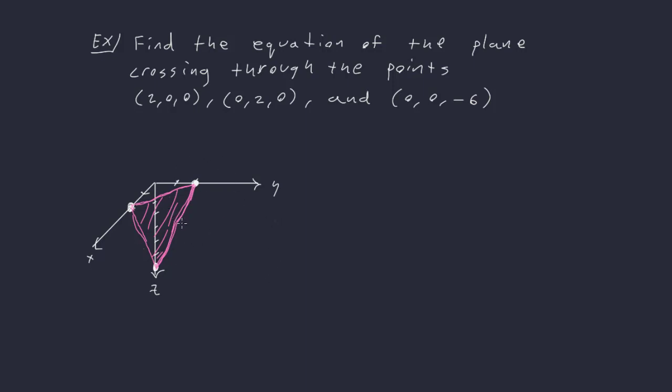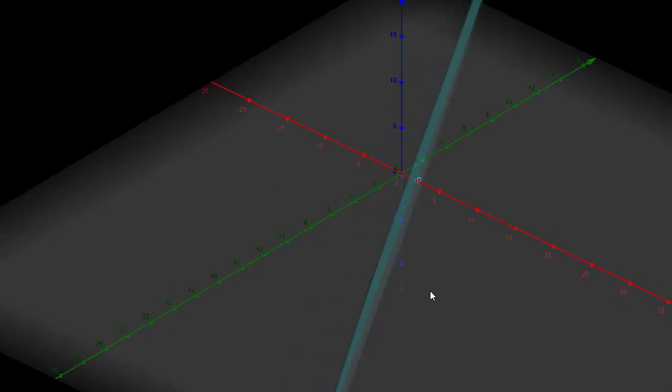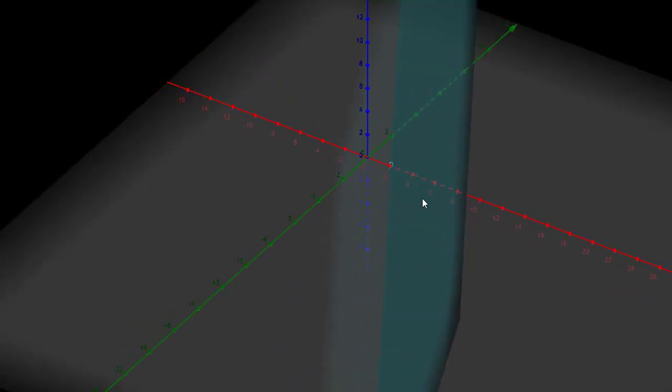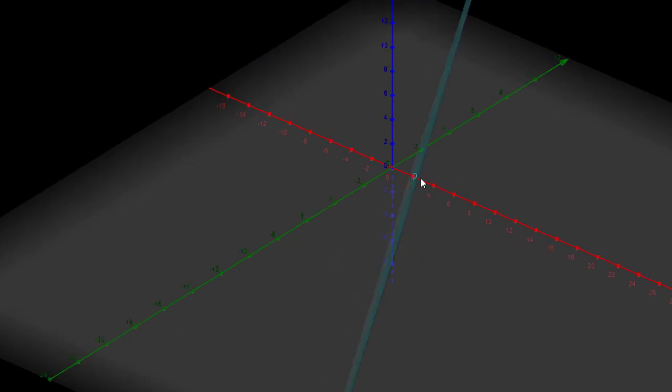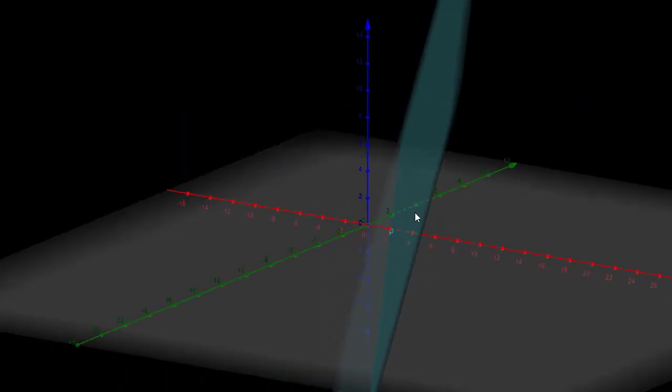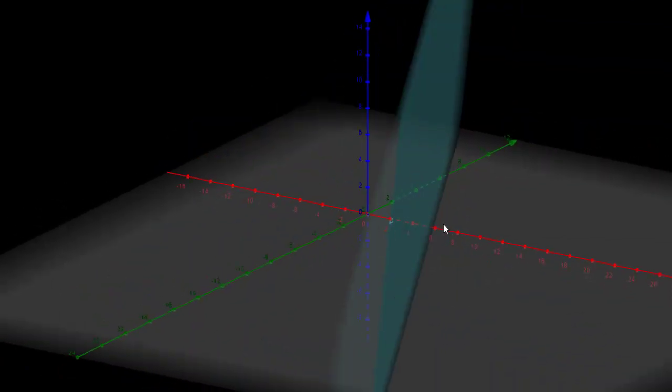Okay. All right, so now with graphing software you can kind of see, let me zoom in a little bit. We see the plane intersects at 2, 2, and down here at negative 6.